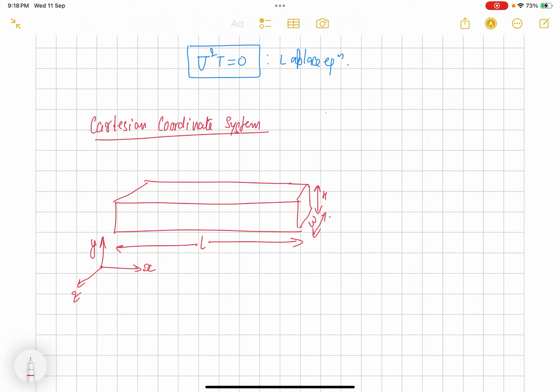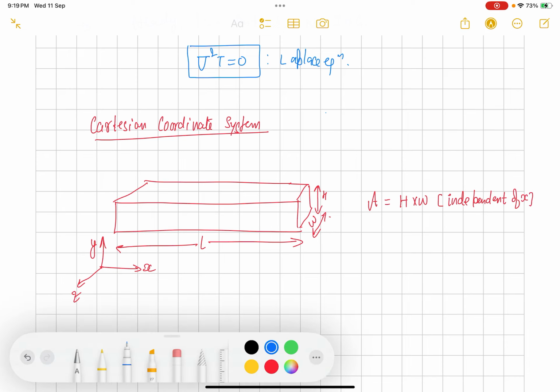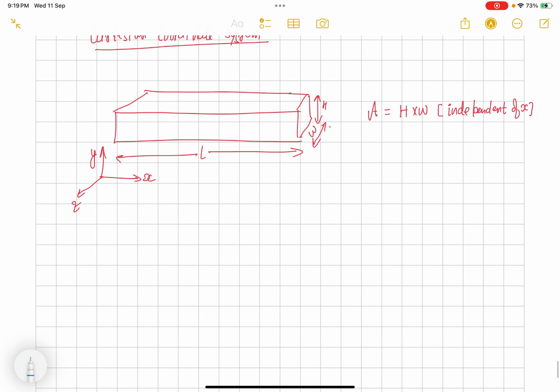So we can see that there is no change of area in the x direction. So area is h into w and is independent of x direction, as we can see from here. And assume that there is a temperature difference in the x direction, and because of the temperature difference heat is flowing by conduction.